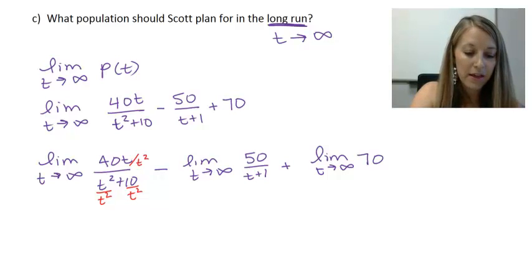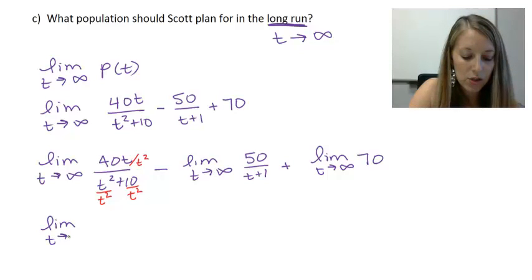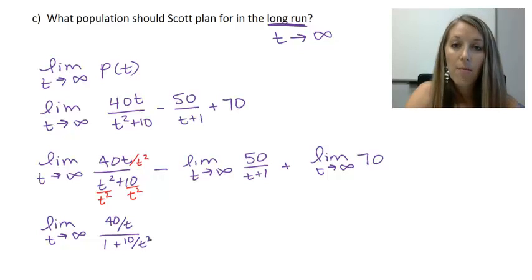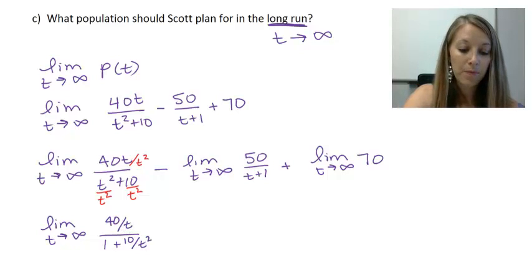Now, if I simplify this, this gives me the limit as t goes to infinity of 40 over t over 1 plus 10 over t squared. But we have that property that says if I'm looking at infinite limits at infinity, and I have a constant over my x, or in this case my t to some power, that piece goes to 0.